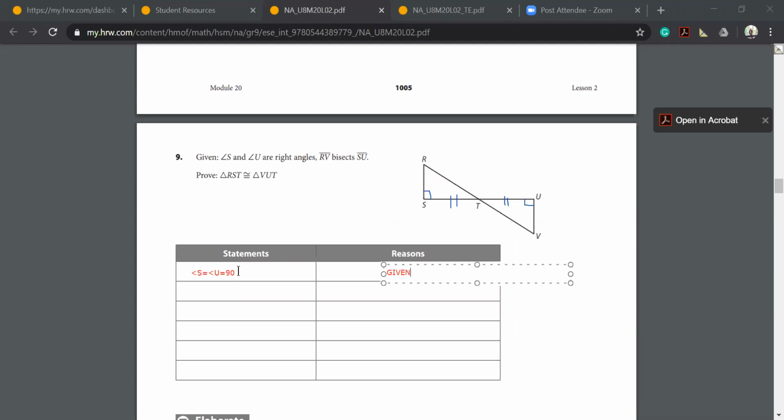Or you can just write in here, it's right angle. Instead, I will write, it will give you the same meaning, but just to be accurate, angle S and angle U are right angles.